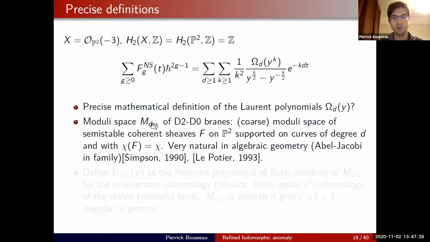And what we are doing is simply moving along all possible degree d curves in the projective plane, and over each of them, looking at the Jacobian. So in fact, this moduli space is a family of Jacobians parameterized by the linear system of degree d curves in the projective plane.